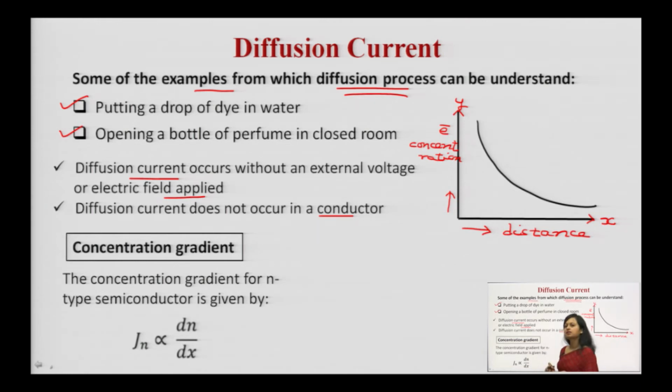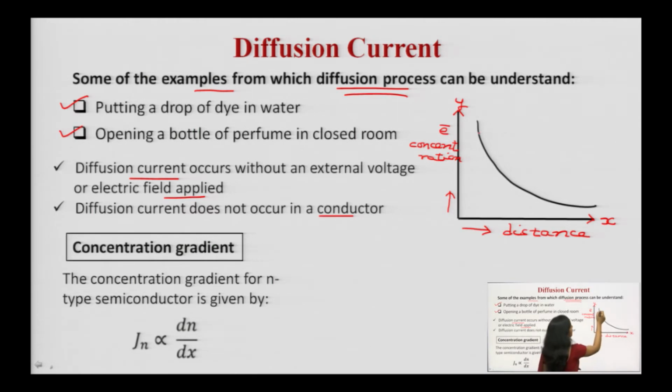Now let us discuss how this diffusion process can be explained and how to represent it mathematically. Here you can see a diagram. A curve is being plotted. On the x-axis distance is taken, on the y-axis we have taken the electron concentration.